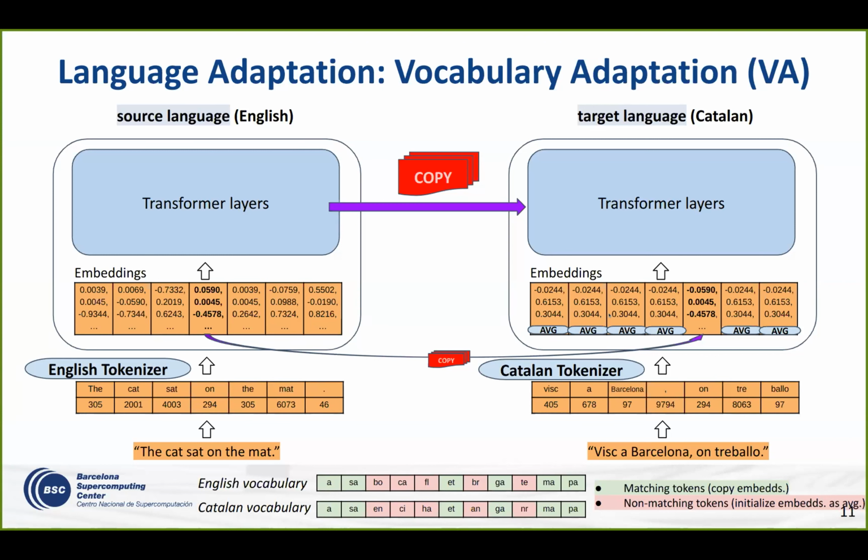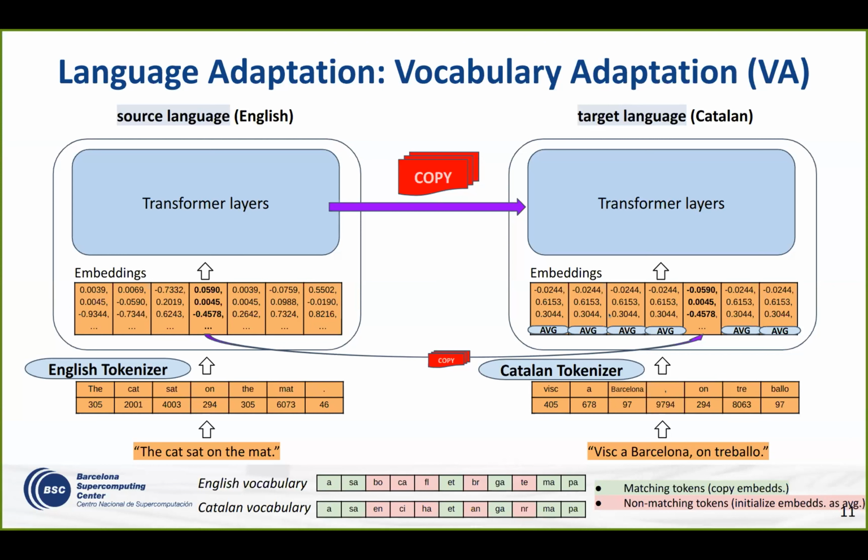So the exact steps to do vocabulary adaptation, in our case at least, the ones that we have tried, are to train a new tokenizer, the same that we'd do to train a model from scratch. Here there are a lot of things to say about fertility, etc., but we'll leave it for another talk. And this provides us with a tokenizer and a vocabulary in our target language.